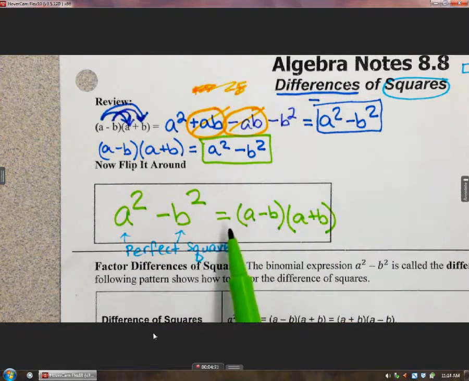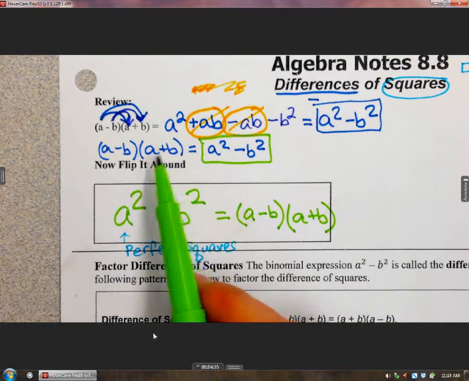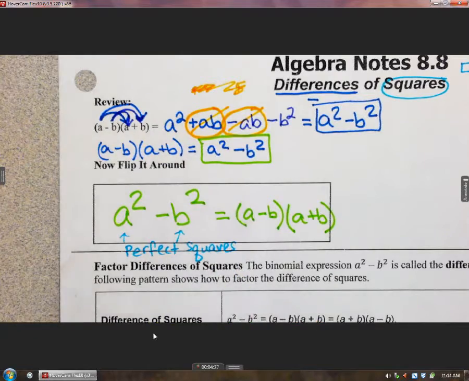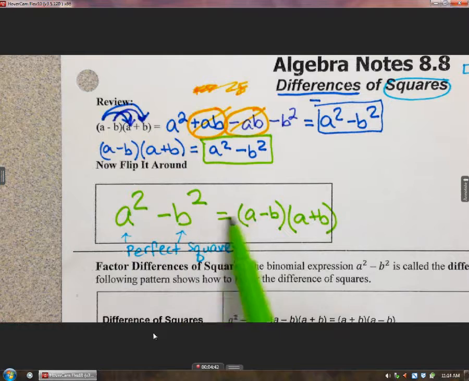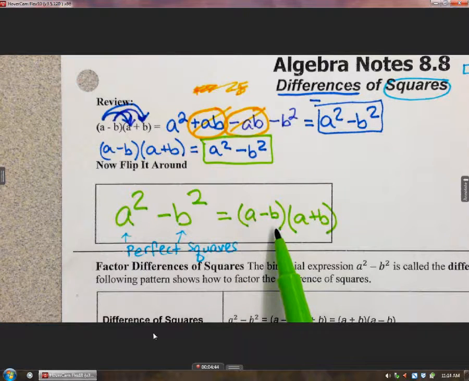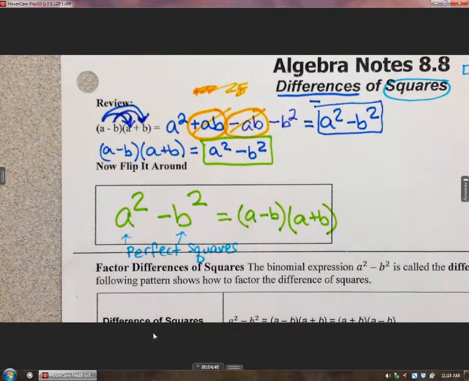This is the power of an equal sign, by the way. Because we know this is true, this will happen every time, we can just flip it around. If you start with the answer, it can lead us to where we started. If you start at the finish and walk backwards, you'll make it to the start.